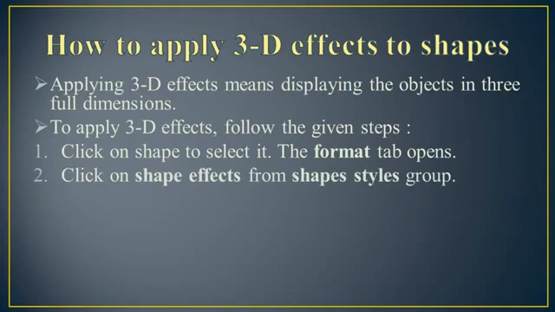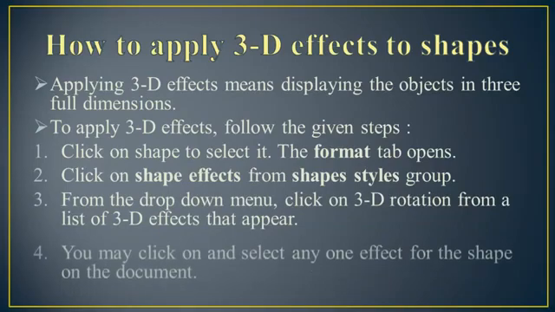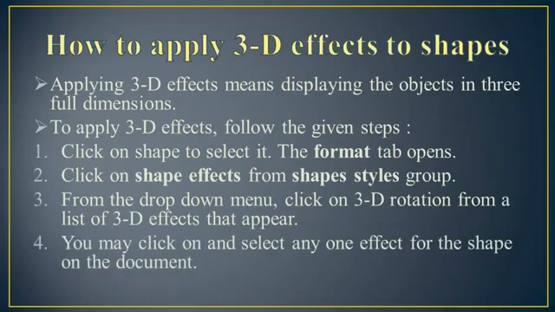Then from the drop down menu, click on 3D rotation from a list of 3D effects that appears. And the last one is you may click on and select any one effect for the shape on the document. This is how you can apply 3D effect to the shapes.